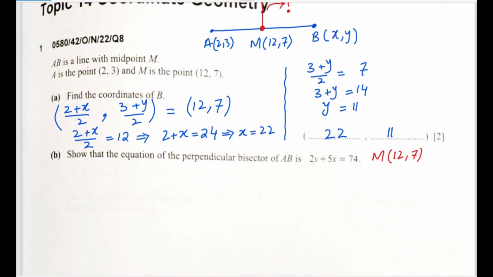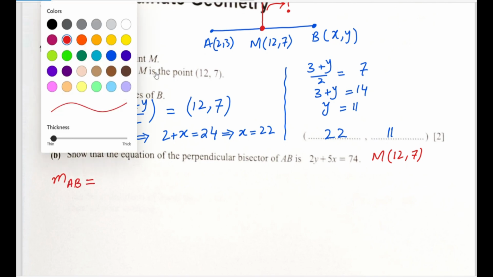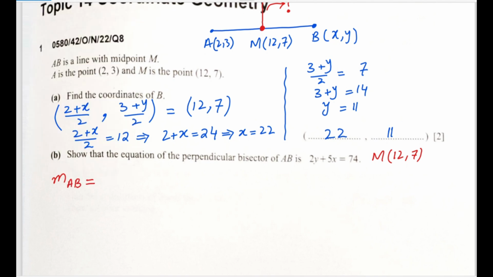So the gradient of line AB, m_AB, will be equal to (y2 minus y1) over (x2 minus x1). We can also write down the coordinate points A and B here, so that this will become very simple for us. And the point B is (22, 11). y2 minus y1, 11 minus 3, over x2 minus x1, 22 minus 2.